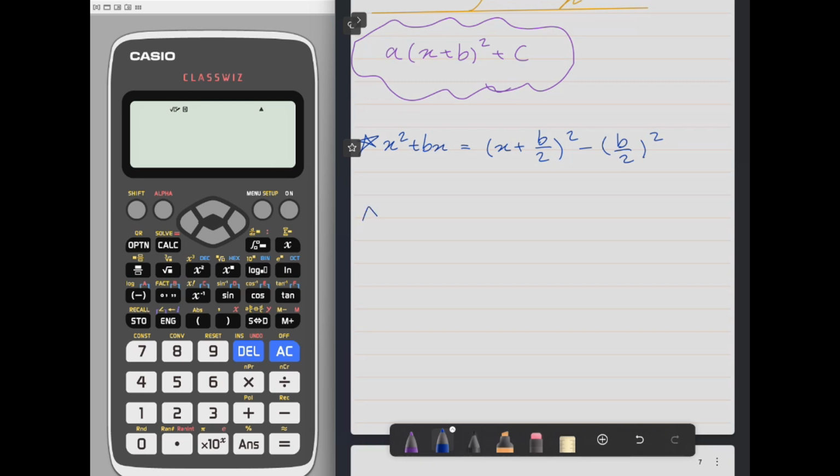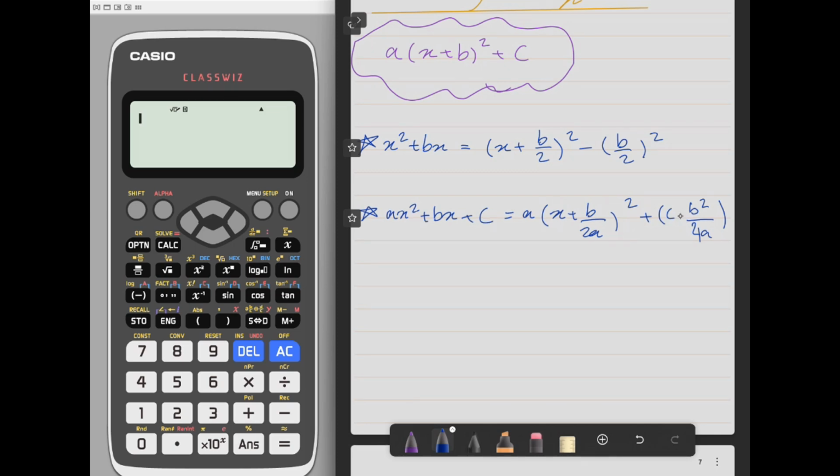And as for the second one, if you have ax squared plus bx plus c, then your quadratic will become a times (x plus b over 2a) squared plus c minus b squared over 4a, and this is it.